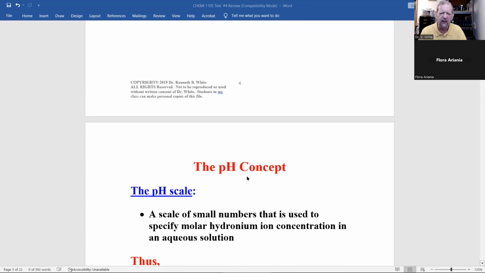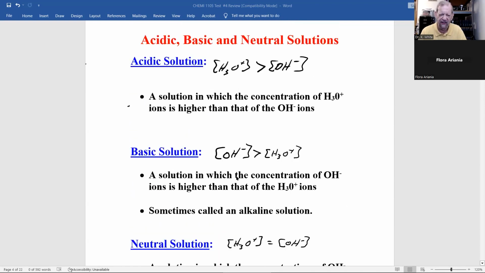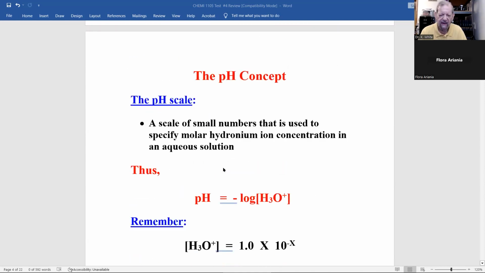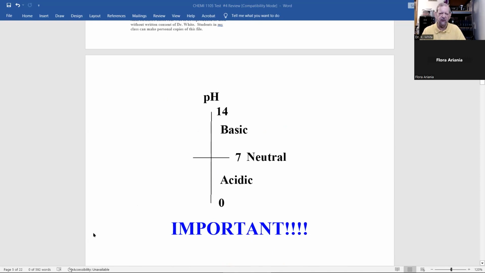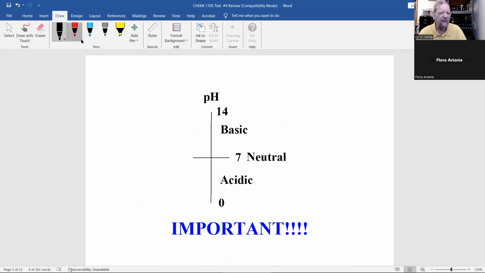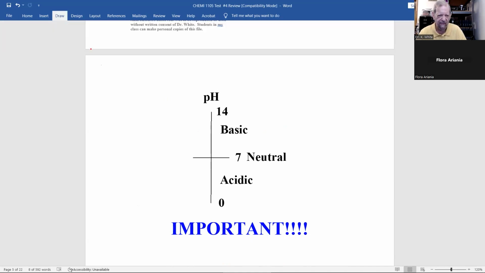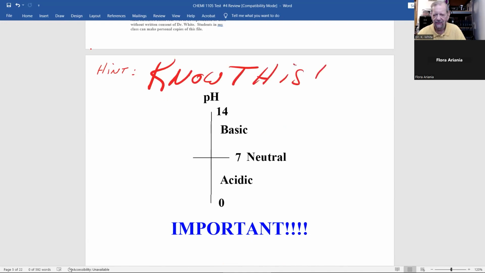How does it help us tell if we have an acidic, basic, or neutral solution? Probably the most useful, important thing I will teach you this semester is the pH scale. It's time for Dr. White to be subtle. See, I can be subtle.